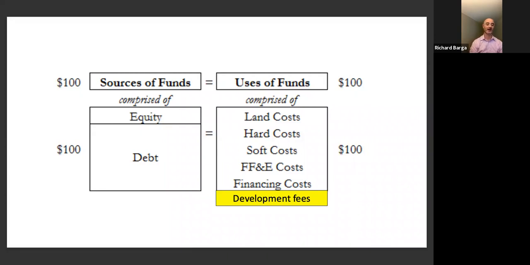A model that we've seen be successful is especially around low-income housing and tax credit programs, where developers are able to take a fee off of building low-income housing and other deals as well.